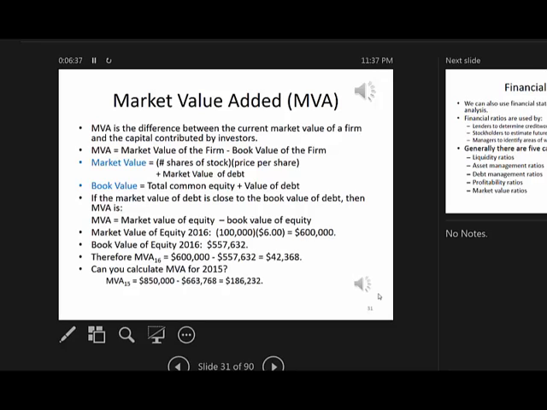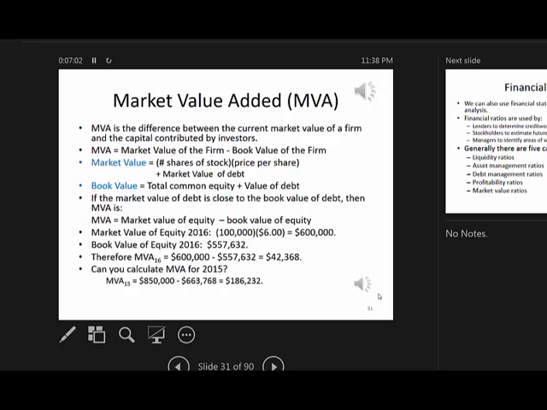Market value of equity for 2016 is $6 per share multiplied by 100,000 shares, so that's a total of $600,000. Book value of the equity for 2016 can be found from 2016's balance sheet, so that's $557,000.